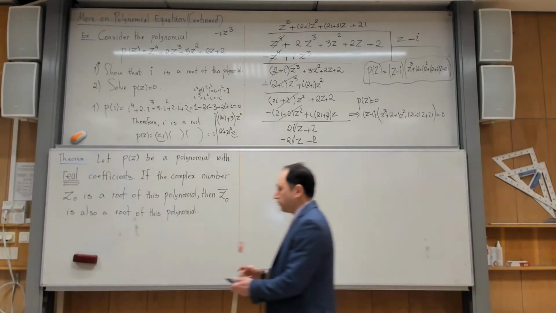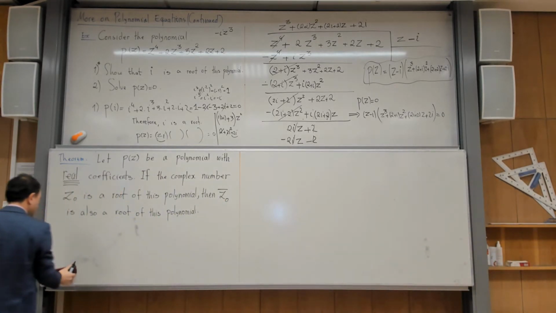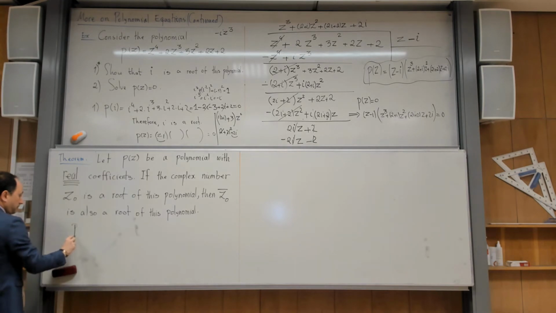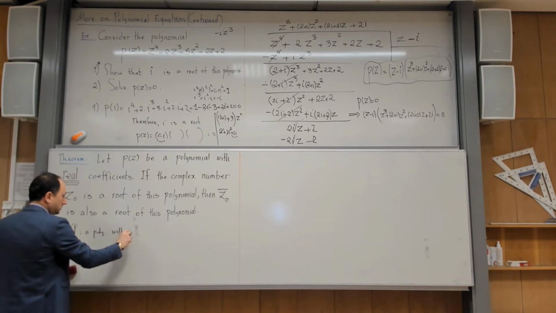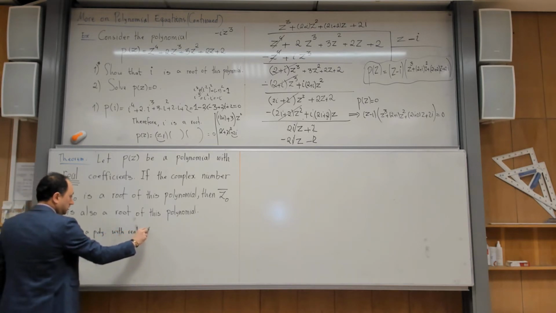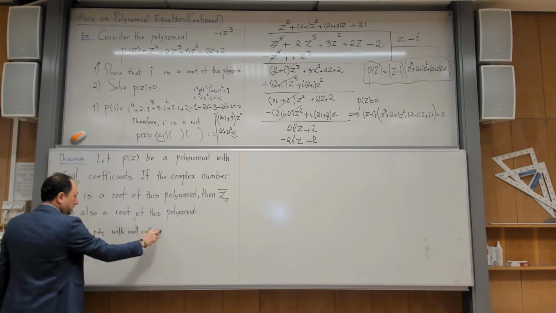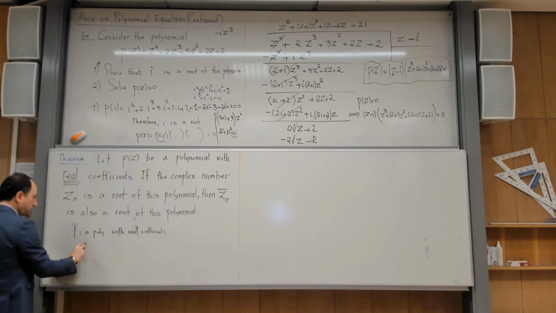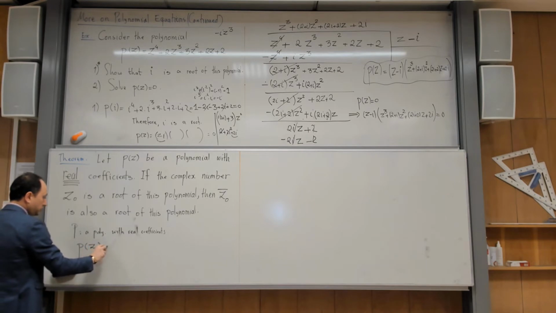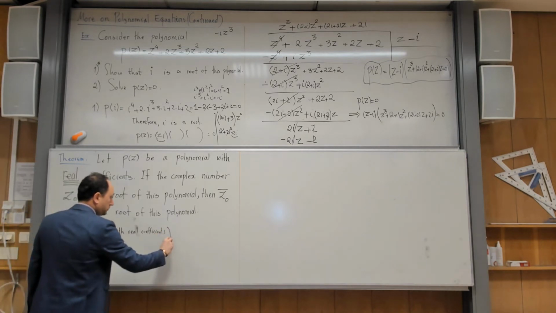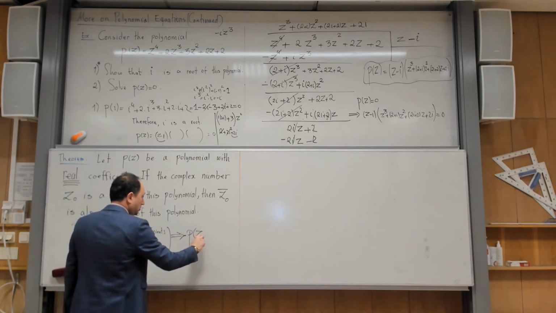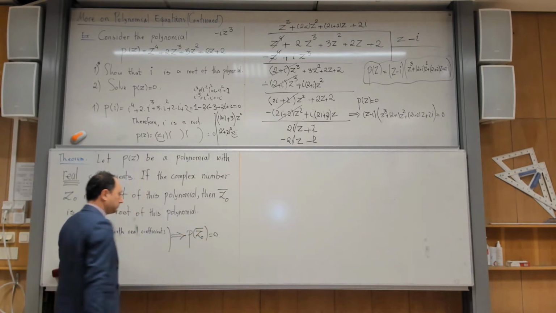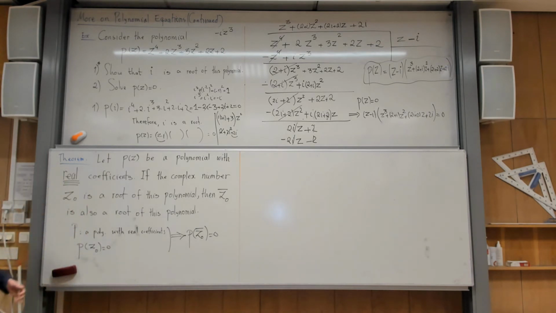So if I want to summarize: P is a polynomial with real coefficients, and we also know that P of z naught is equal to 0. This tells you that you can conclude that P of z naught bar is also 0. So this is the summary of what you see in words here.